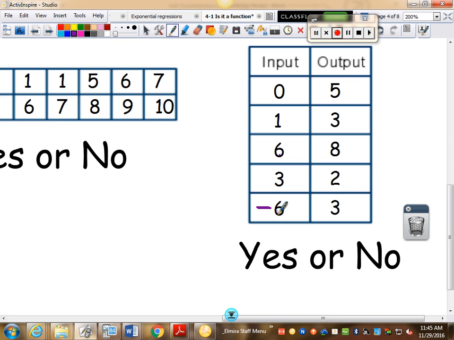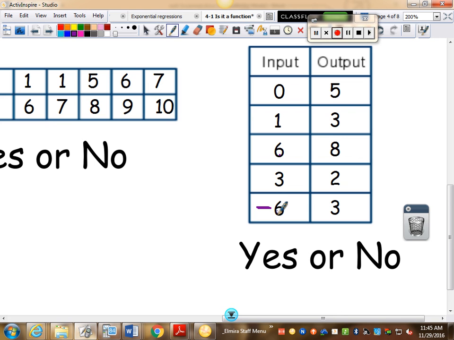A negative number is a unique or different number than its positive. Just because one's positive and one's negative, that's not a repeat. They are separate numbers. If you look at a number line, 6 and -6 are not the same. They are on separate locations on the number line.